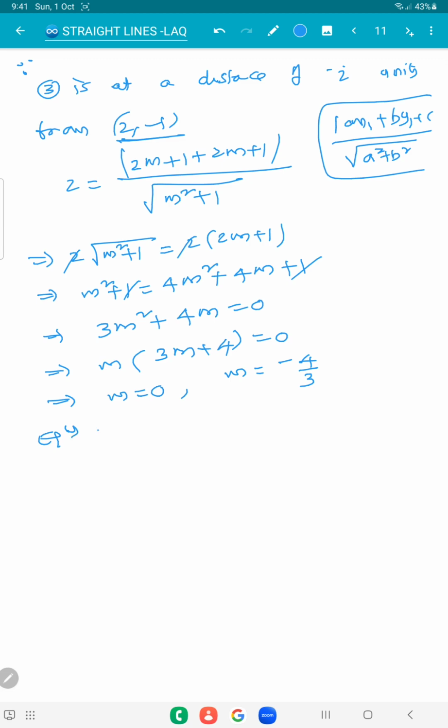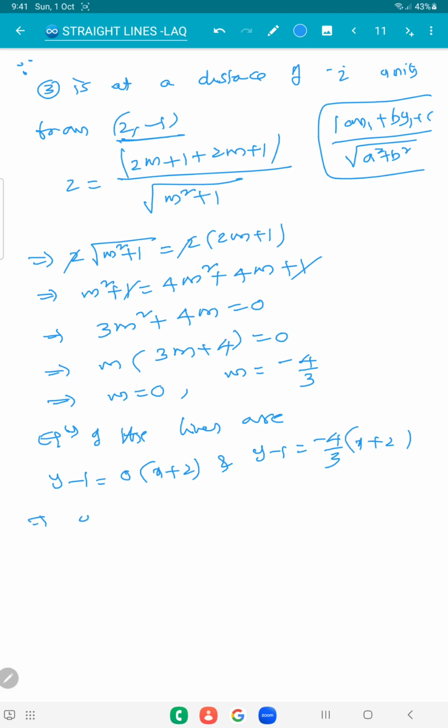So the equations of the lines are y minus y1, that is y minus 1, is equal to m, which is 0, into x minus x1. And the other, y minus y1 is equal to m into x minus x1.